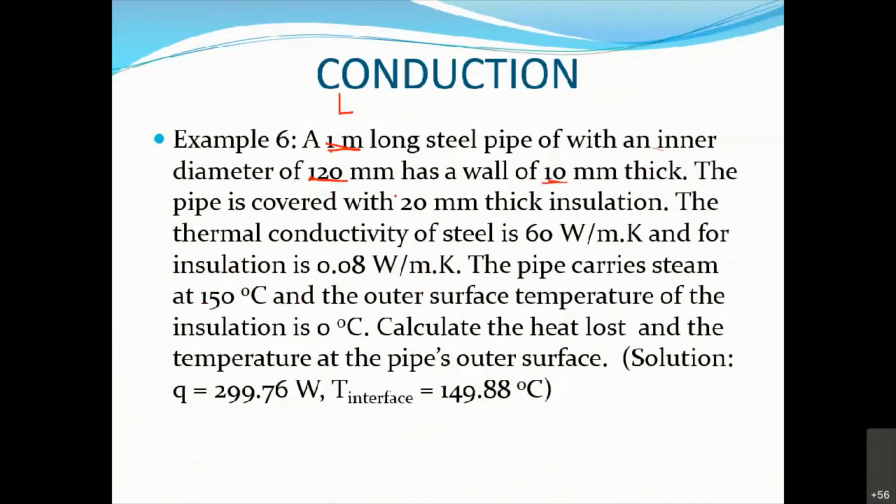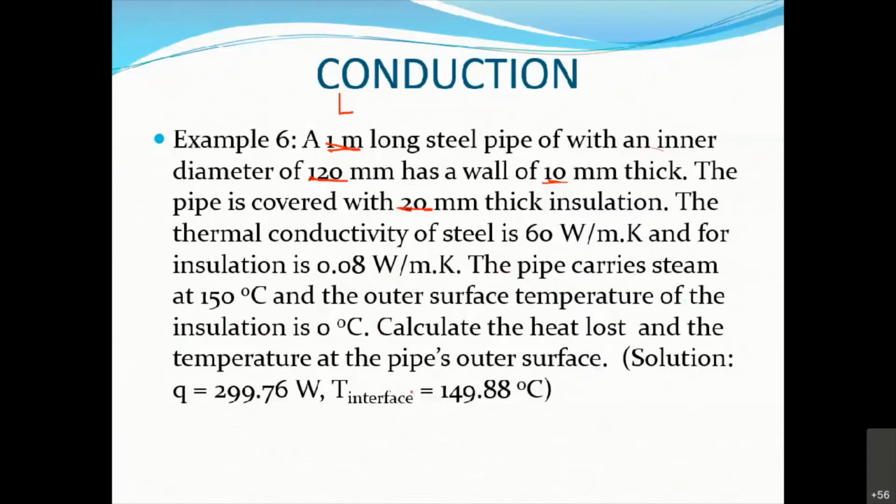The pipe is covered with an insulation of 20 mm thick. The thermal conductivity of steel is 60 and for insulation is 0.08. The pipe carries steam at 150 degrees Celsius and the outer surface temperature of the insulation is 0 degrees Celsius. Calculate the heat loss and the temperature at the pipe outer layer.